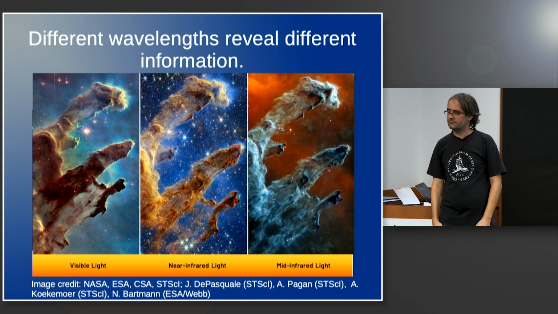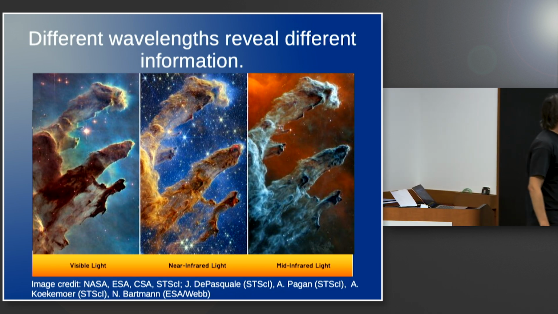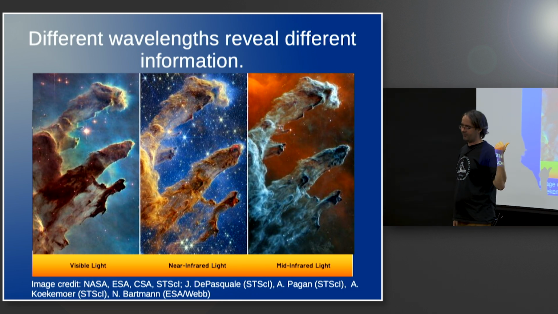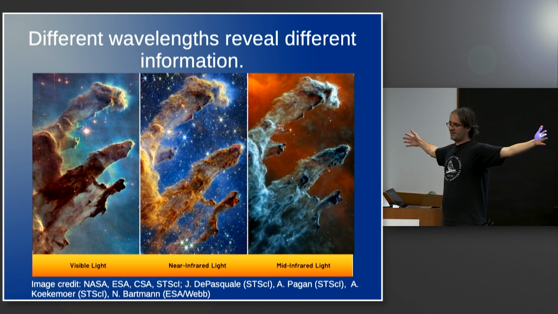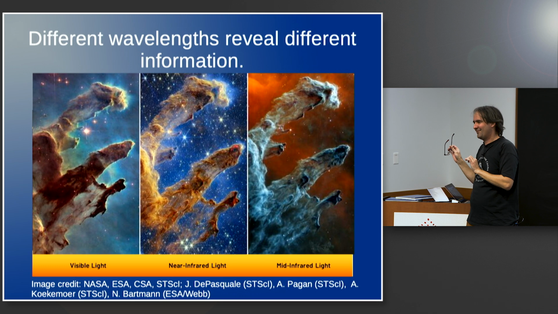So these are not the colors that we would see accurately if we ever went to space. It's not going to look like that. Part of that is, even for visible light, this is Hubble, a 2.4 meter telescope, whereas the pupil of your eye is about this big.